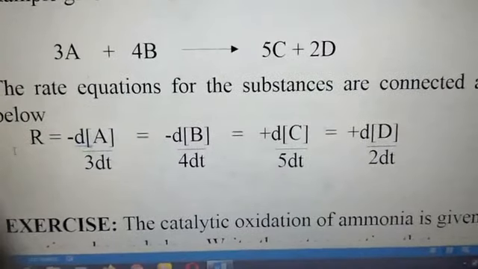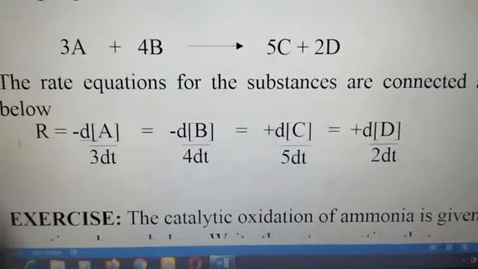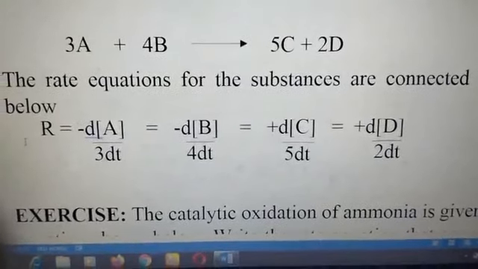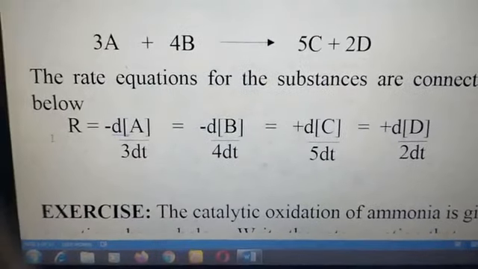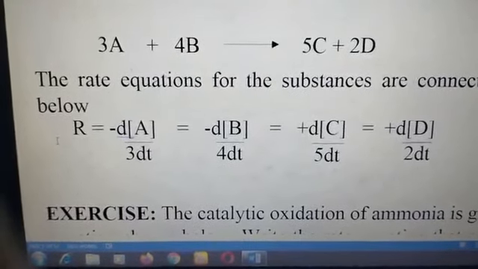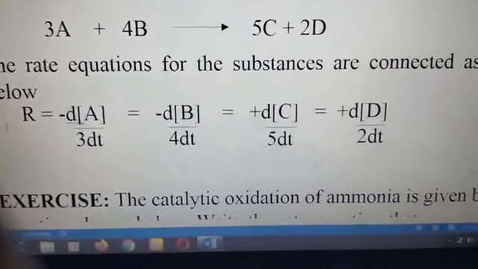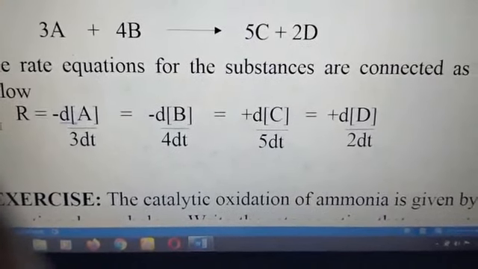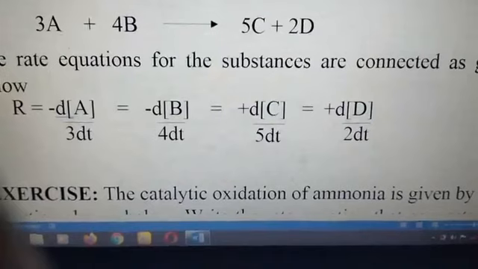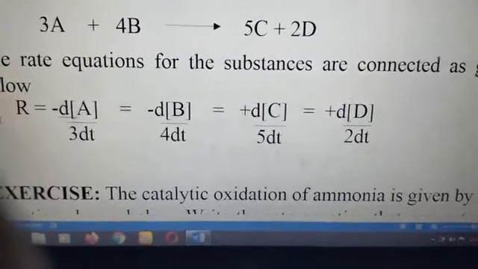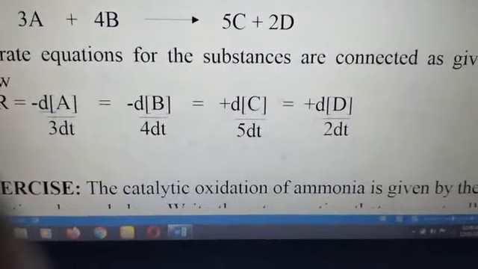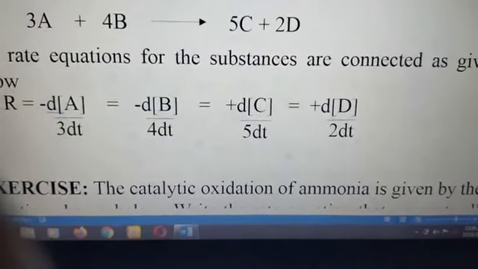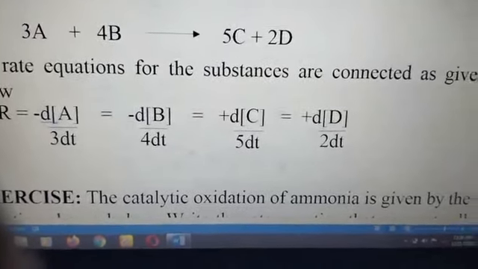Going to B, we write negative change in concentration of B, all over change in time, that is dt, then divided by 4, since we have 4 moles of B, 4 in front of B. Equal to 4C, change in concentration of C, that is dC, all over dt, divided by 5 moles of C. But remember that C, the sign in front of the d is positive because C is a product.